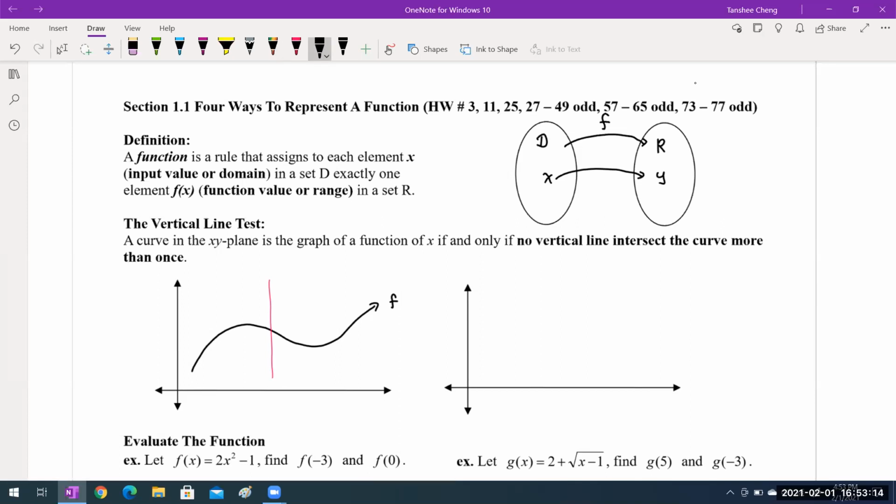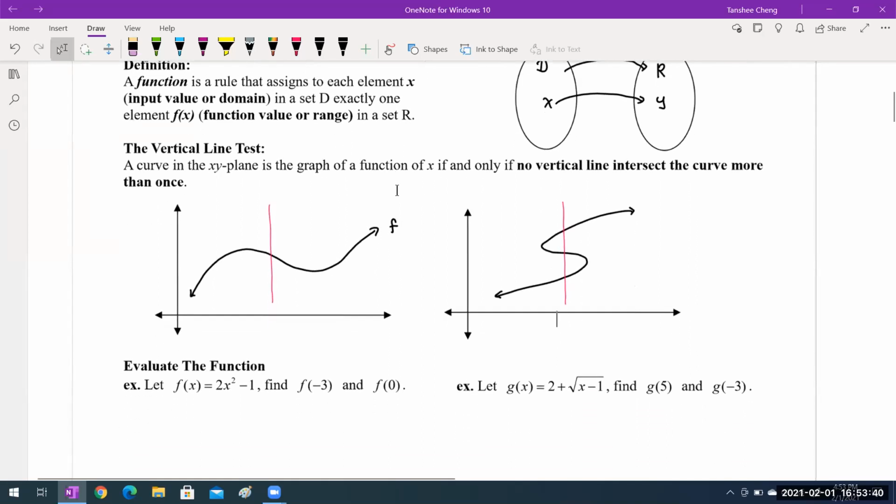And if I have some graph like this, you can see that the vertical line, at some point, passes through more than one point. So this is the vertical line test, which you can use to identify whether a graph can be considered a function or not.